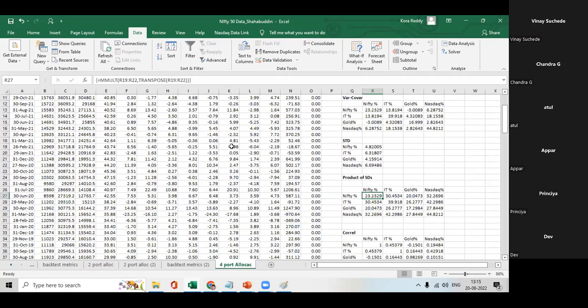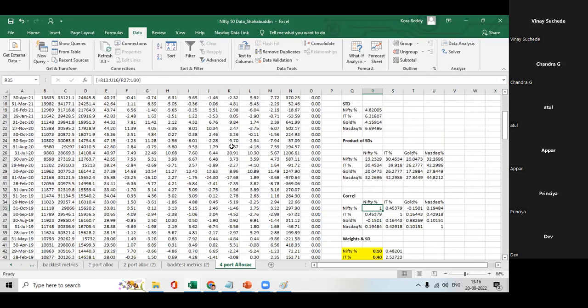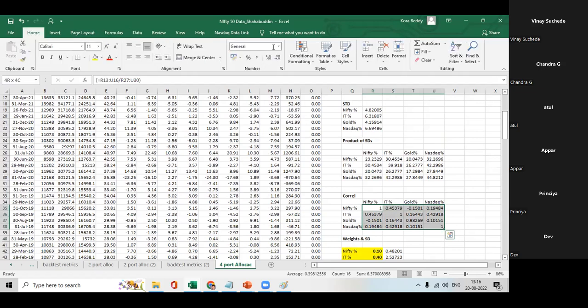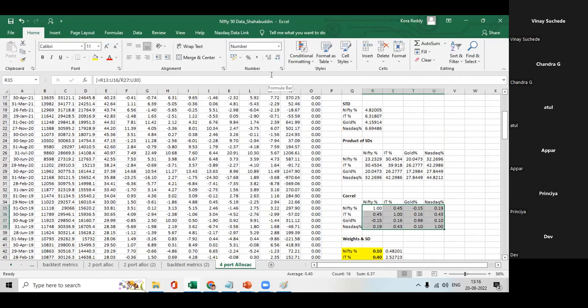Some matrix multiplication and transpose, and then you get a correlation matrix. So this is your correlation. Nifty to Nifty is 100. Nifty to IT is 45. Nifty to gold is negative 15.